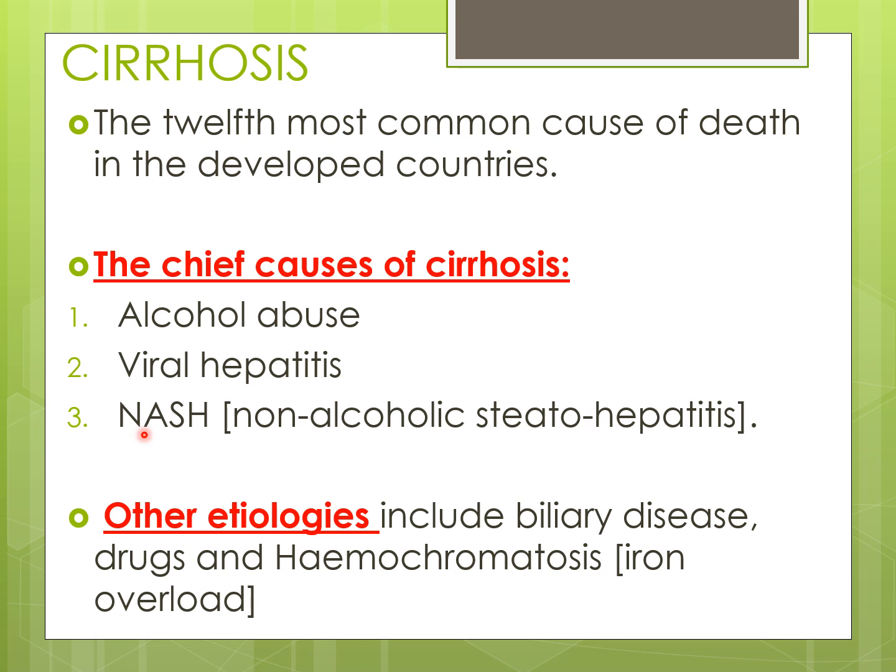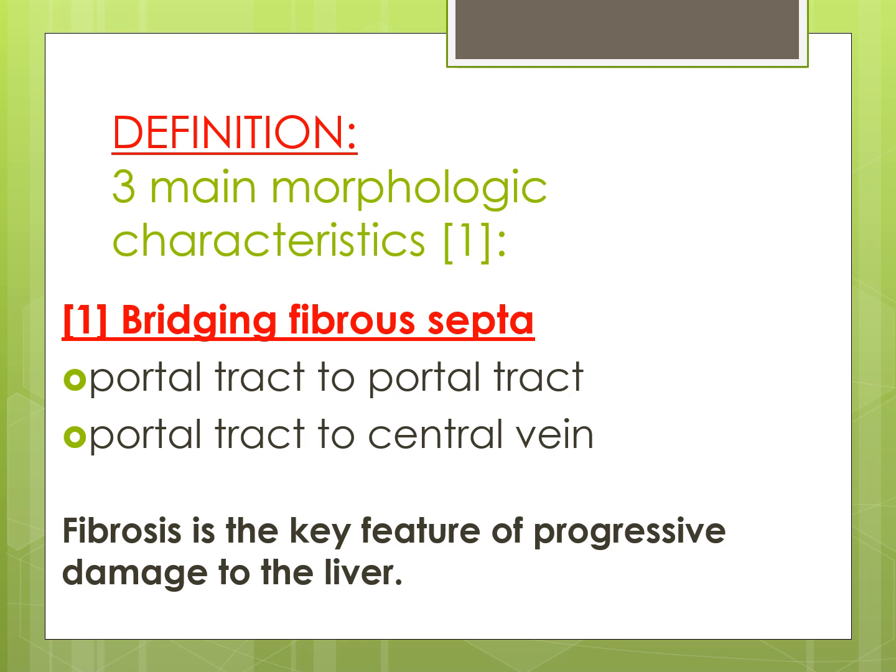Other etiologies of cirrhosis include biliary diseases, drugs, and iron overload like hemochromatosis, which is a genetic disease. To qualify the definition of cirrhosis, there should be three important morphological features.